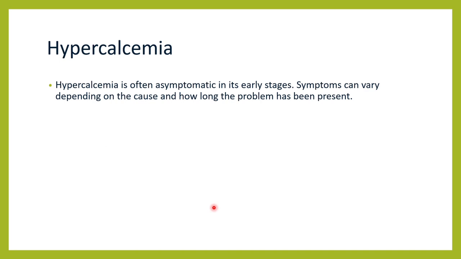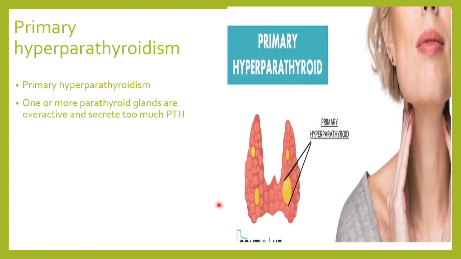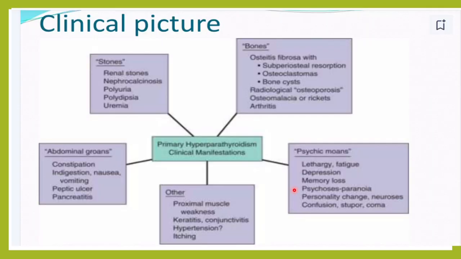Hypercalcemia is often asymptomatic in early stages, and in mild hypercalcemia there might not be many symptoms. Symptoms will vary depending upon the cause of hypercalcemia and for how long it has been present. Like I have told you, in primary hyperparathyroidism, the patient will have increased calcium, most commonly because of a parathyroid adenoma. So in those cases, what happens?